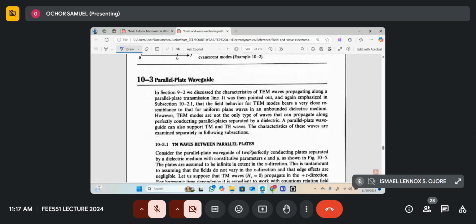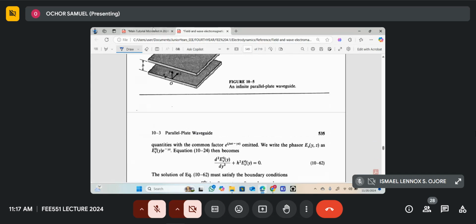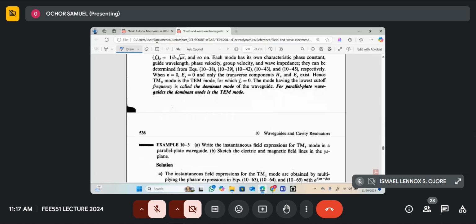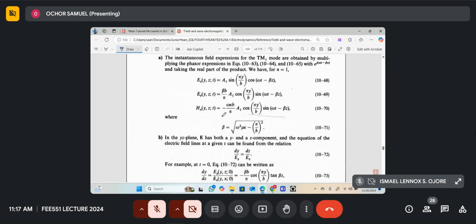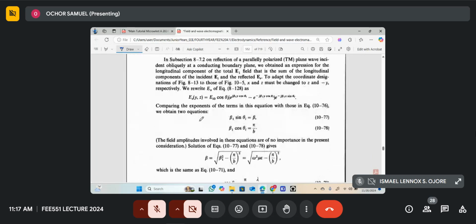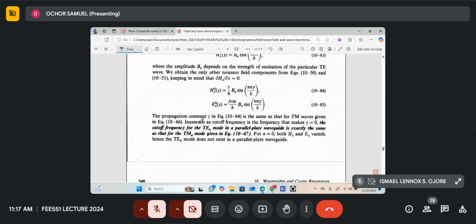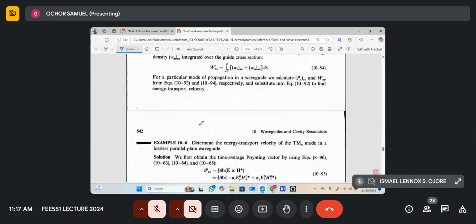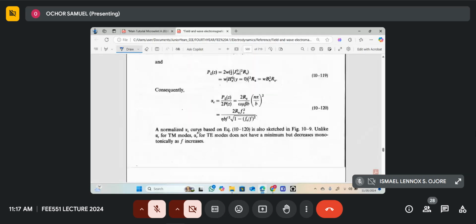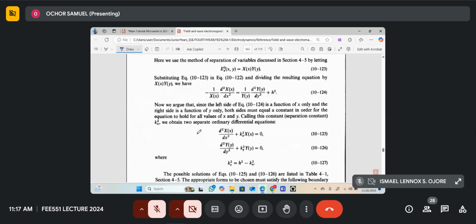Okay, so I guess we will have to know these expressions. Maybe let me scroll somewhere so that we can appreciate. That's for parallel, sorry, that's why they are looking strange.